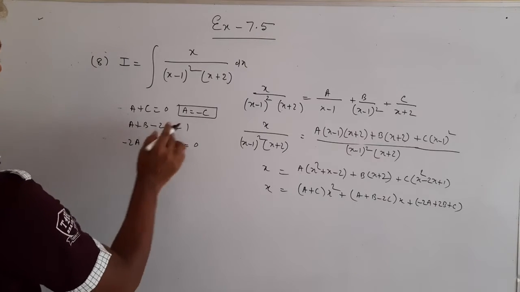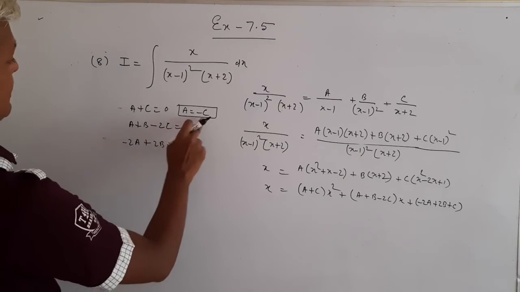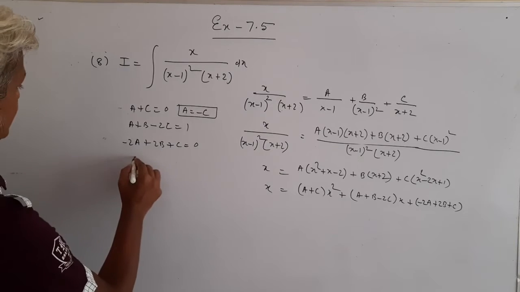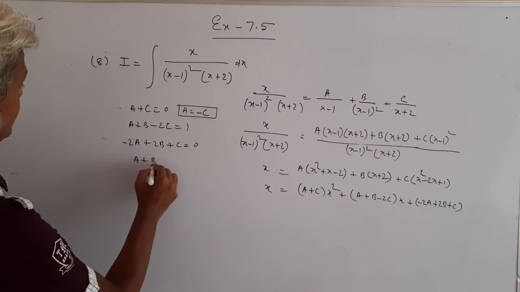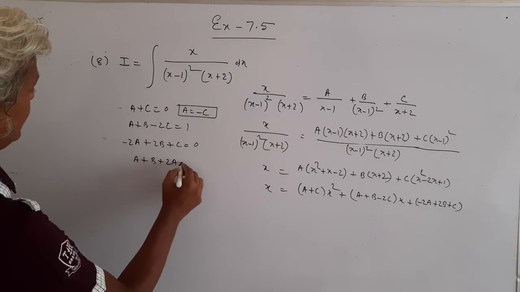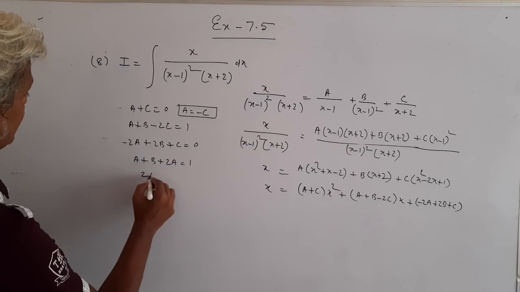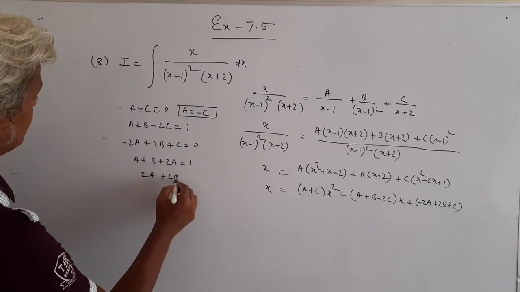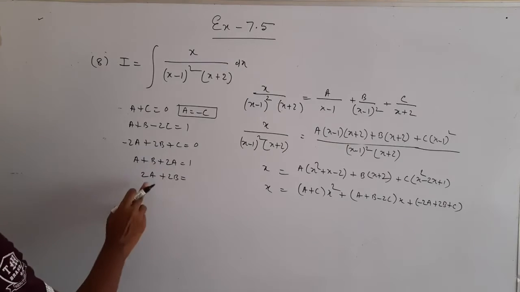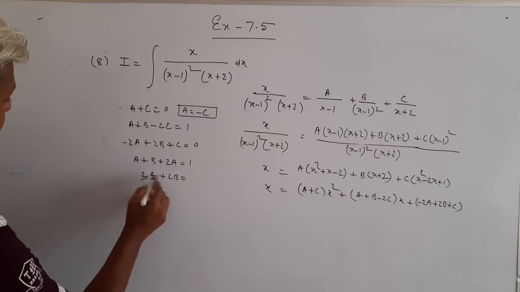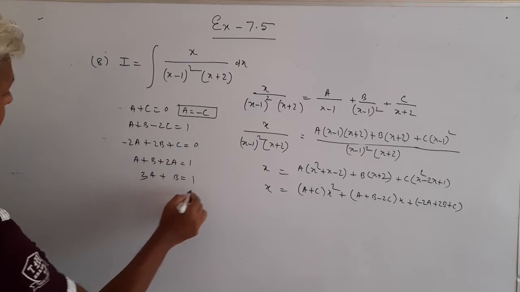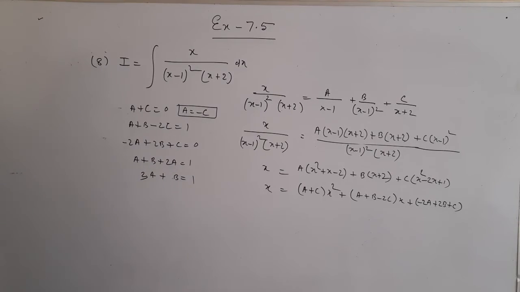So now here is the second equation. So minus 2c is 2a. So this becomes a plus b plus 2a is 1. So you get 3a plus b as 1, because a plus 2a is 3a.